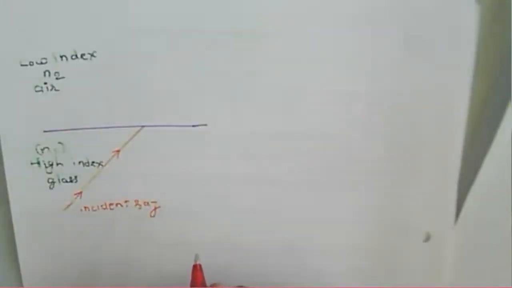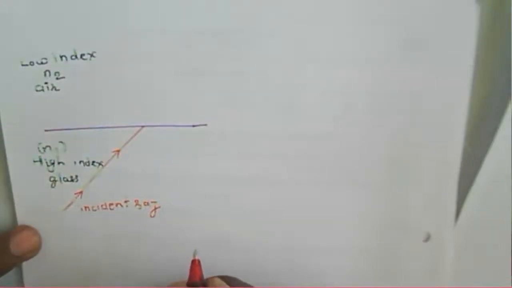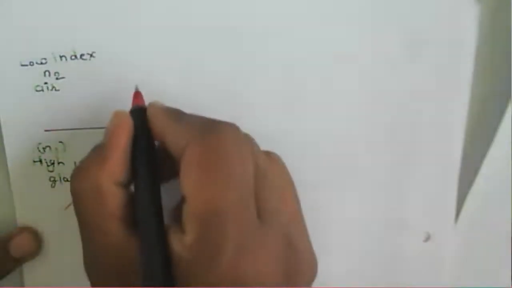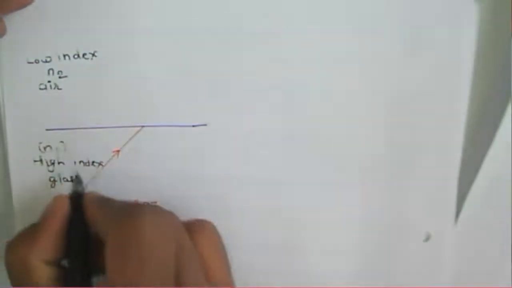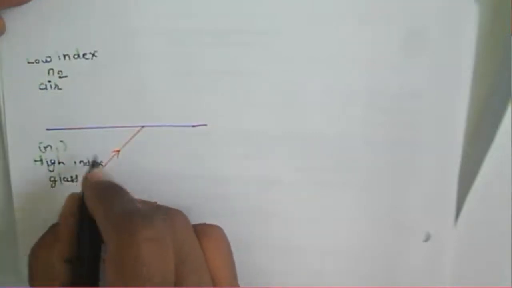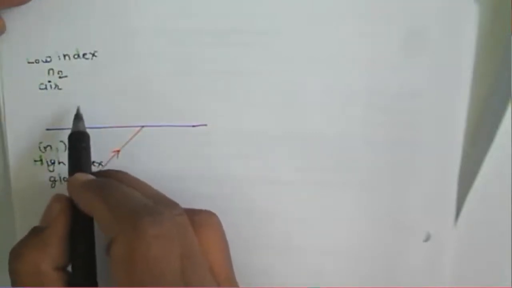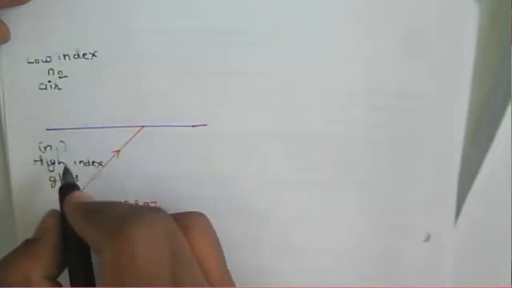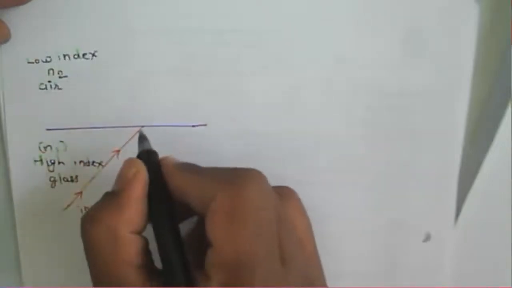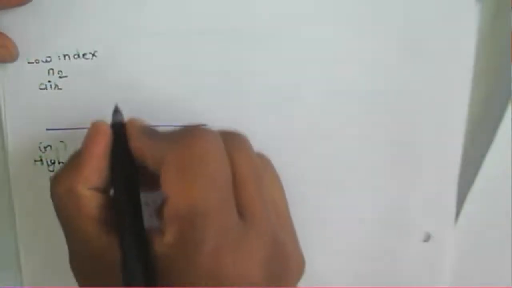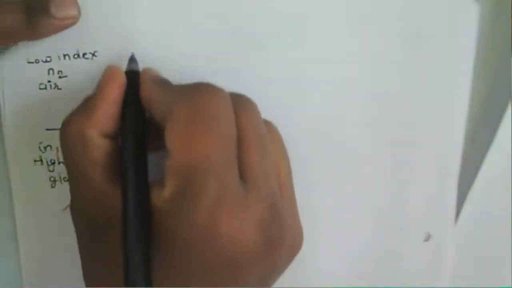Now if any incident ray is propagating from the high refractive index to the low index, what will happen?